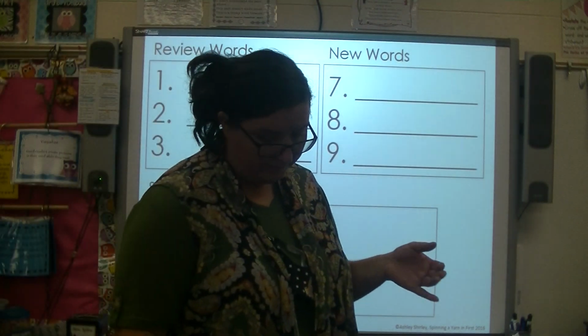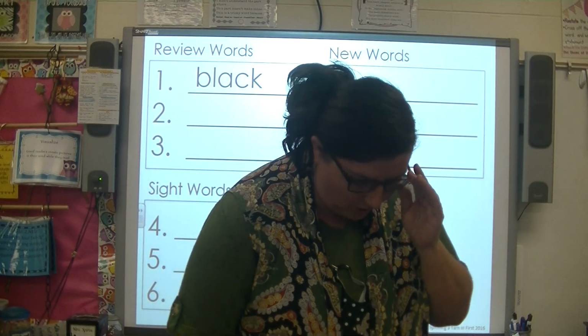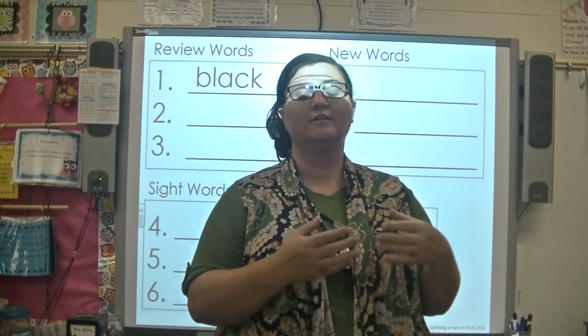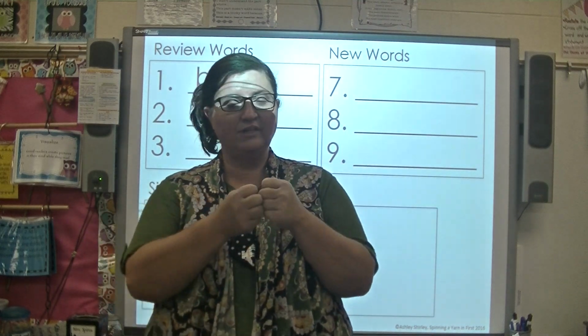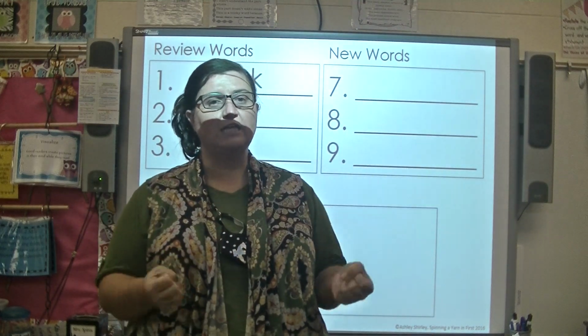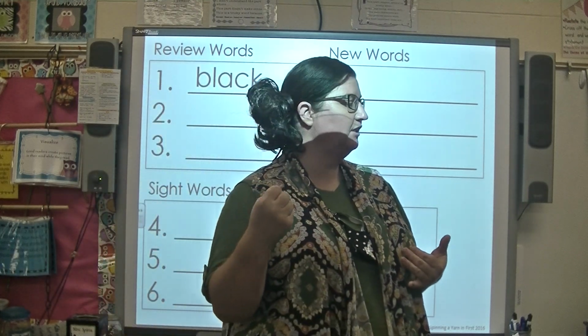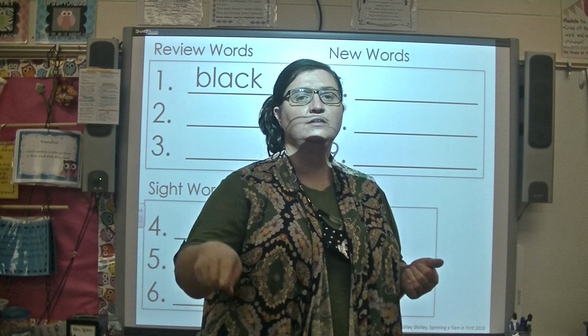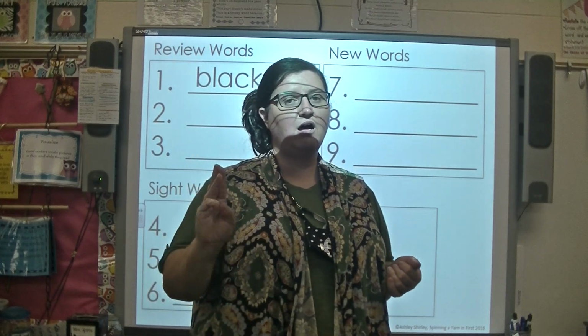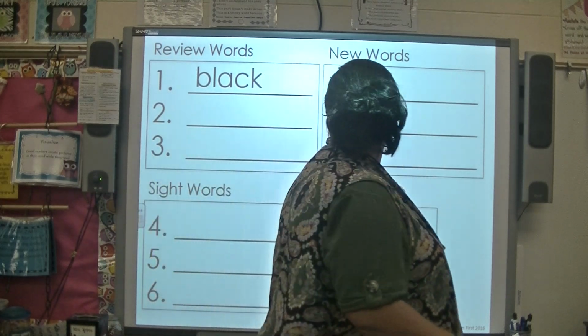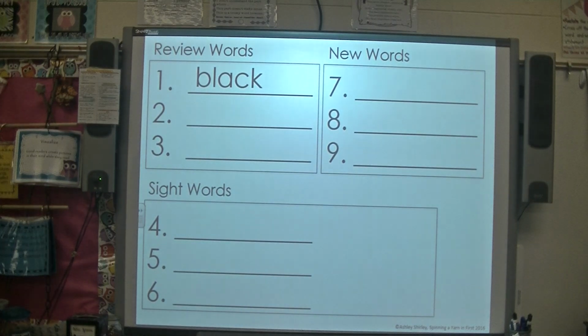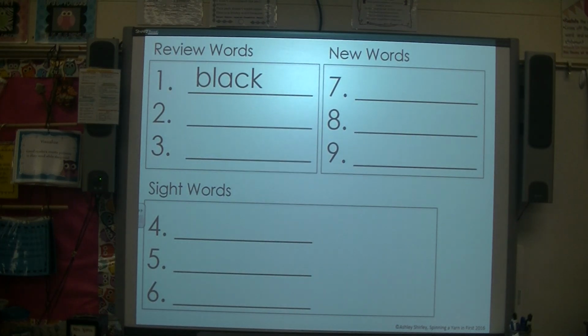Number 2. Spell the word clock. Let's stretch that word out. K, l, o, k. Tell me the sounds you hear in clock. Get ready. K, l, o, k. Spell clock on number 2.